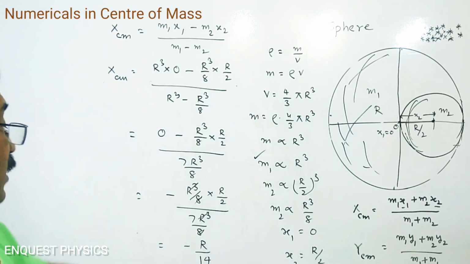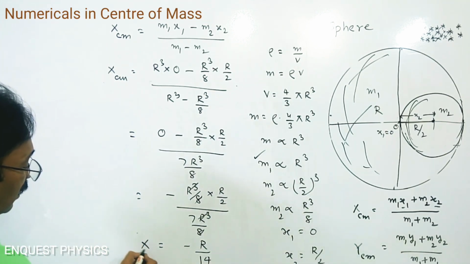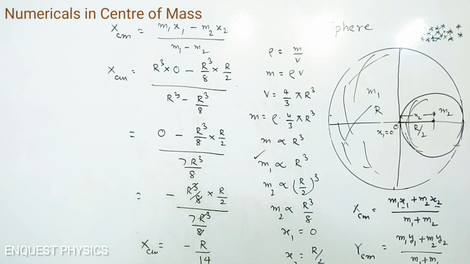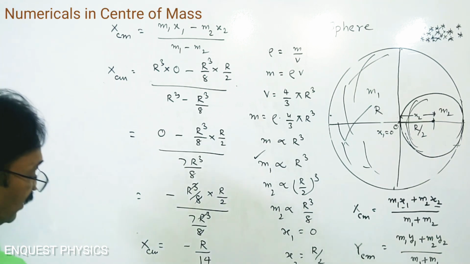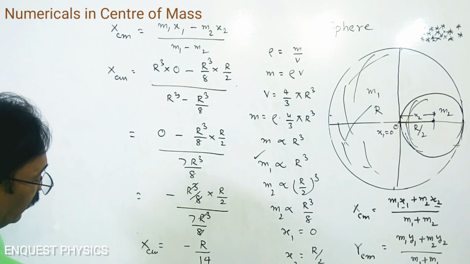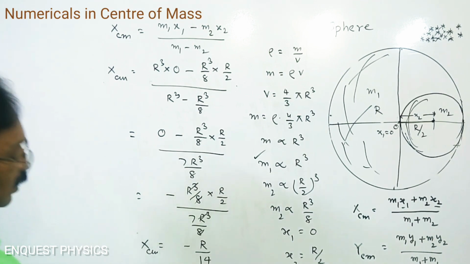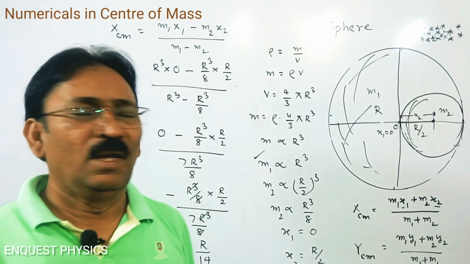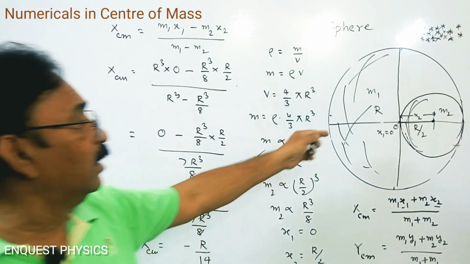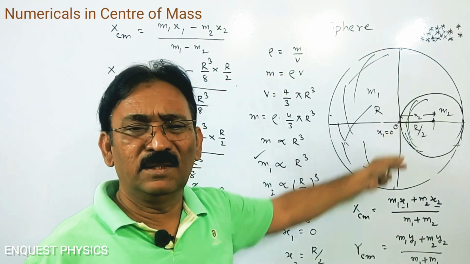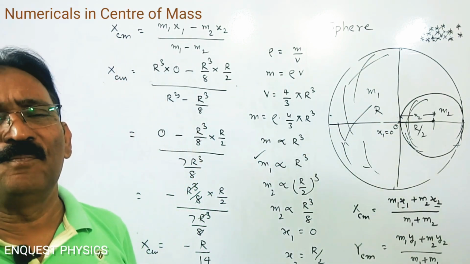The shift in center of mass is minus r by 14. And what about ycm? The same as before, it is equal to 0. Here if you put any numerical value, r as 2 or 4 or anything, you will get the result that way.